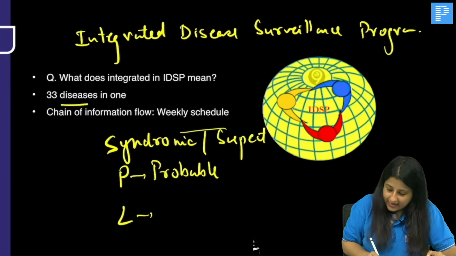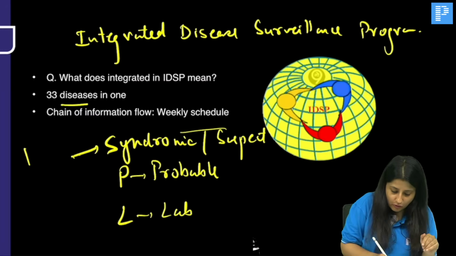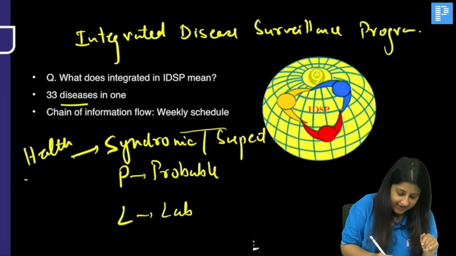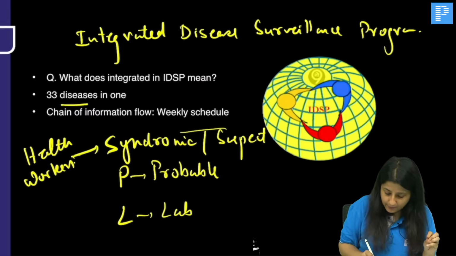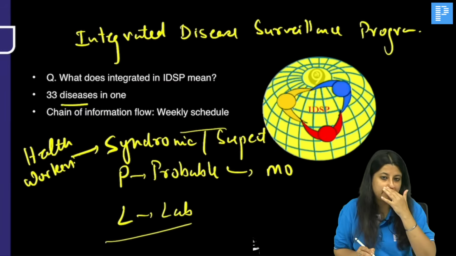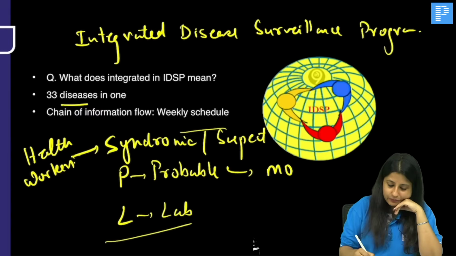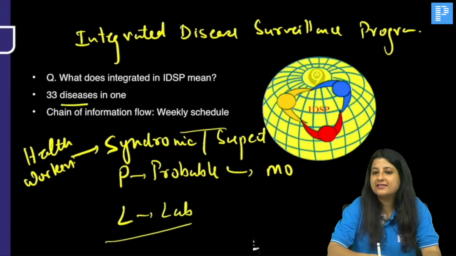And L is the lab forms, lab based. Now these syndromic forms are filled by whom? Health workers. Probable form if you talk about MO, medical officers, and of course L form हो गया तुम्हारा confirmatory. So this is what SPL, syndromic, probable and lab forms. So this is weekly schedule. This is your SPL form.